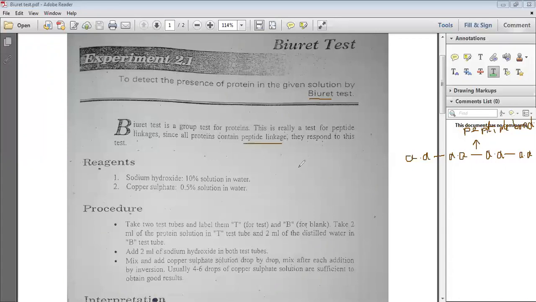It detects the peptide linkage. If we have peptide linkage in the sample, this test will be positive. It would produce positive results. It means we can say that the sample contains protein, or that the sample contains a chain of amino acids which are linked through peptide bonds.